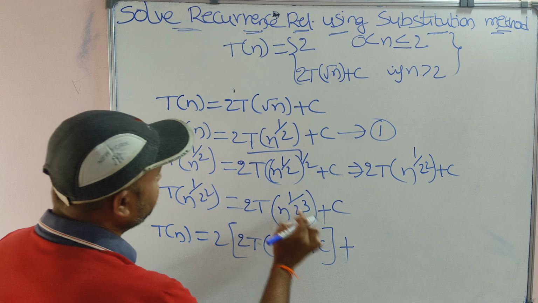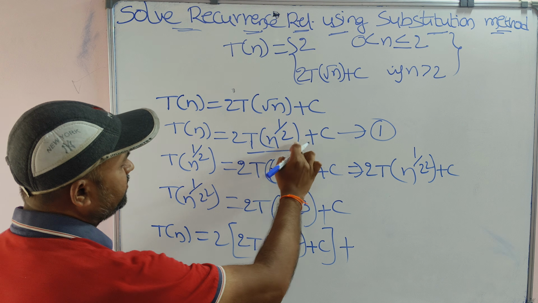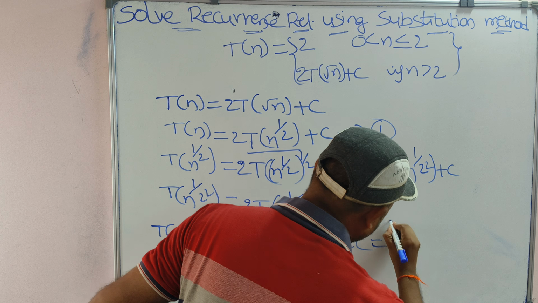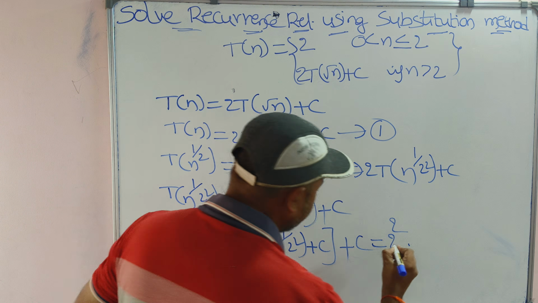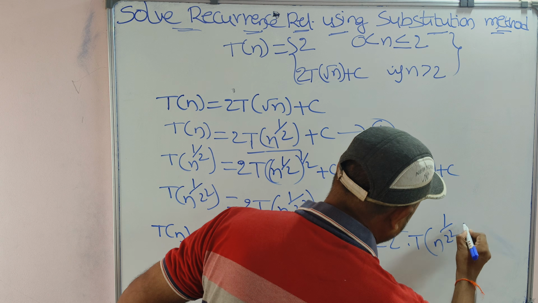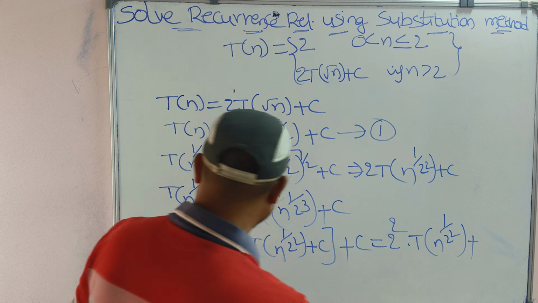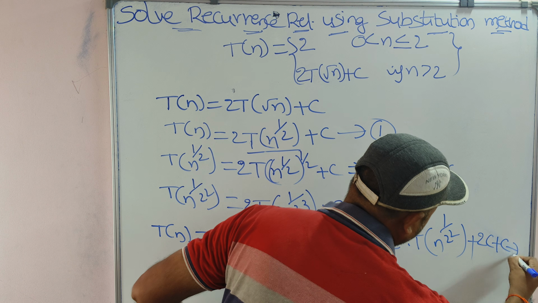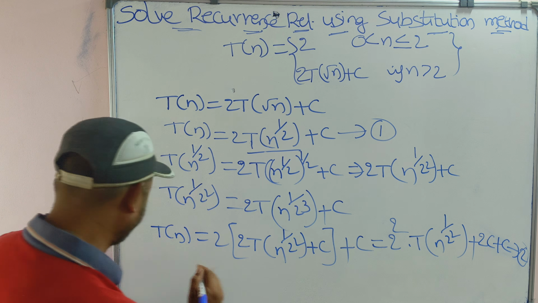So this is nothing but T of n power 1 by 2. Here additionally we have c. So we can write this as 2 square into T of n power 1 by 2 square plus 2 into c, and additionally we have c. Let it be equation number 2.